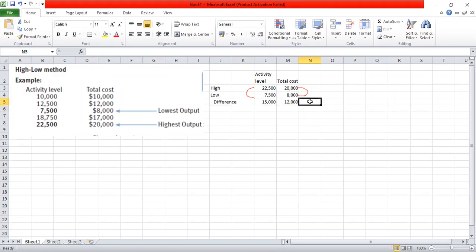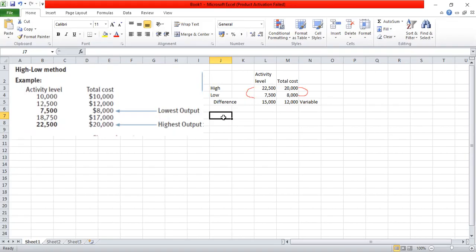If it is changing, it would change on account of the variable component. The variable cost is 12,000 for a change of activity of 15,000. So when the number of units changed by 15,000, the cost changed by 12,000.